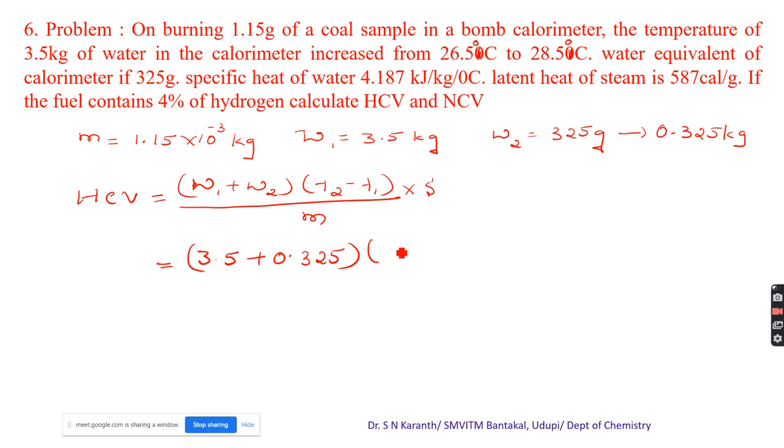That means 2, into 2, into 4.187 divided by M, that is 1.15 × 10^-3.